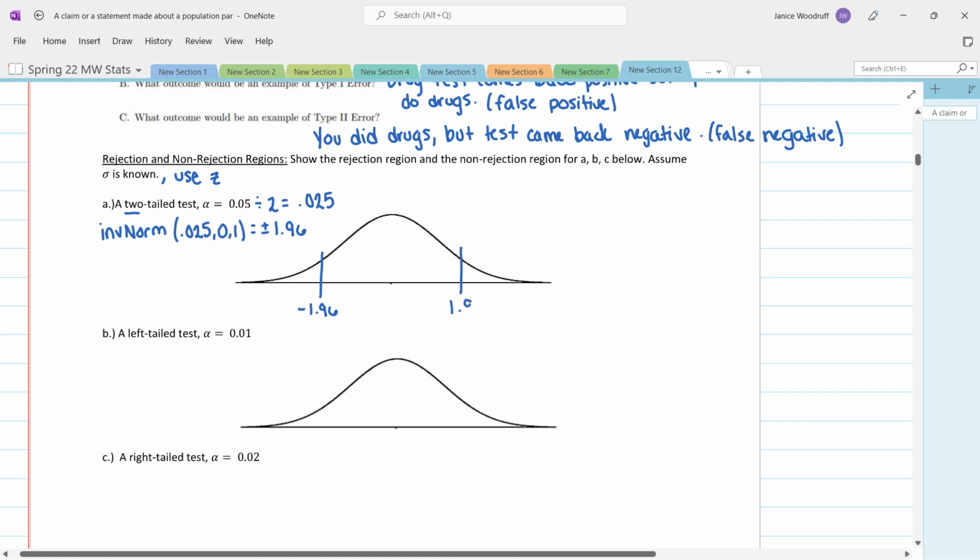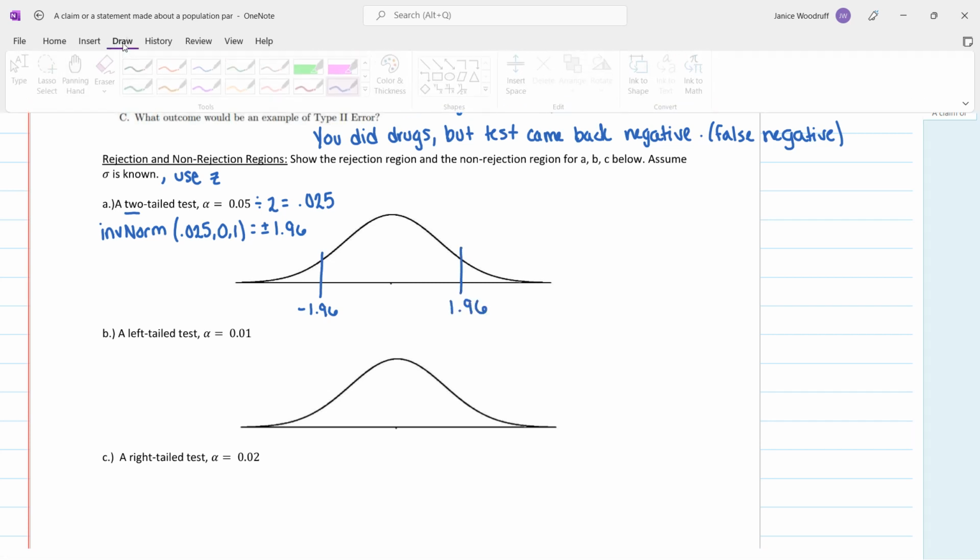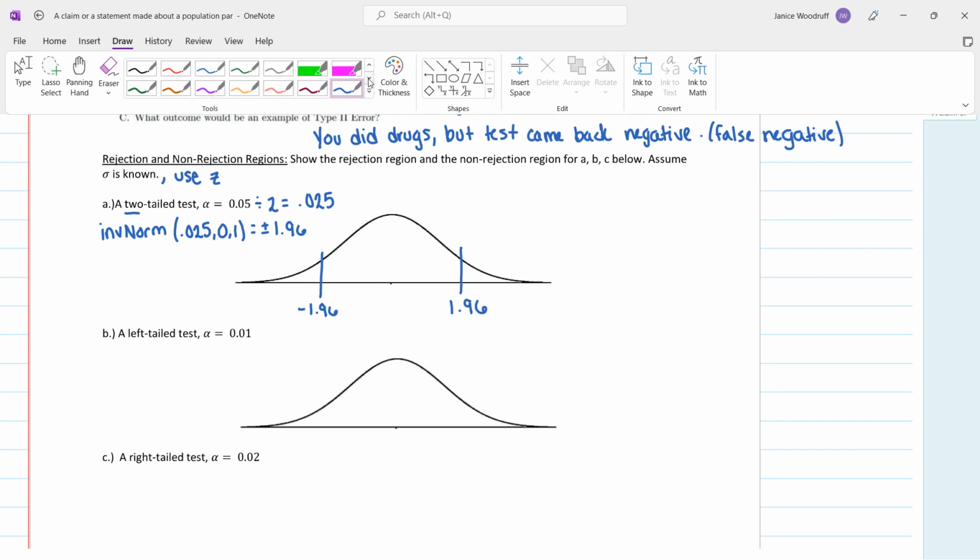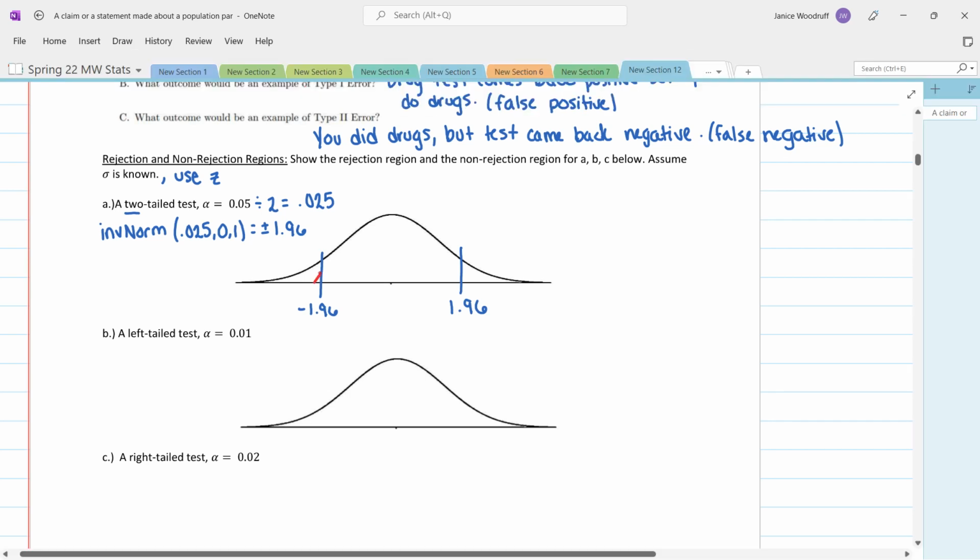So maybe that's about right here, and here. And then our rejection region would be outside of the 1.96. So if we run the test and we get a z-value of -2, we would reject. If we run a test and we get a z-value of 0.5, we would not reject. Now, again, the language is a little odd.